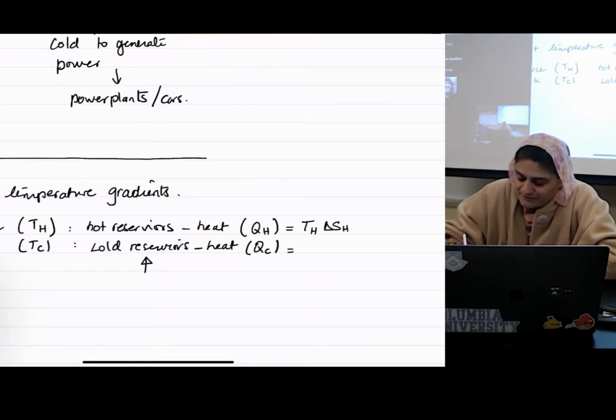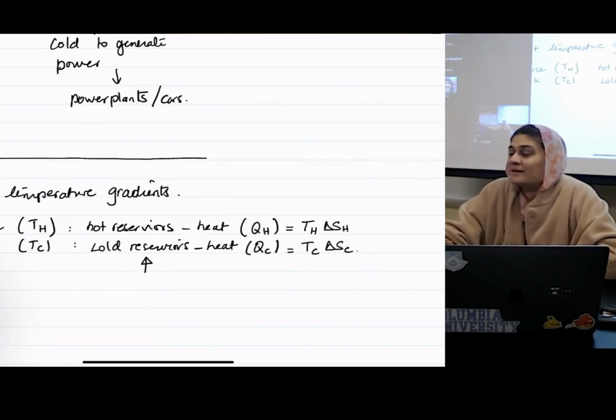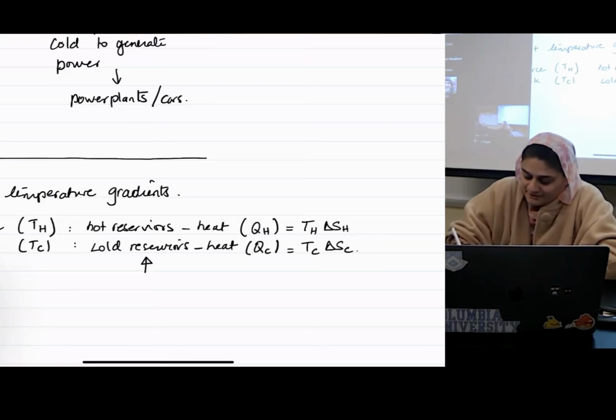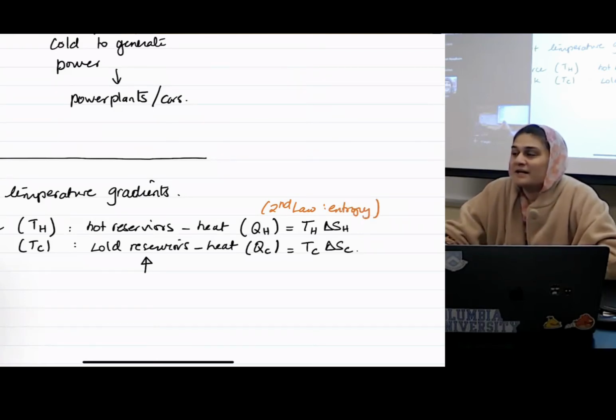Do we know where this is coming from? Good. What was that called? Yep, from the second law, right? Entropy. From our definition of entropy.